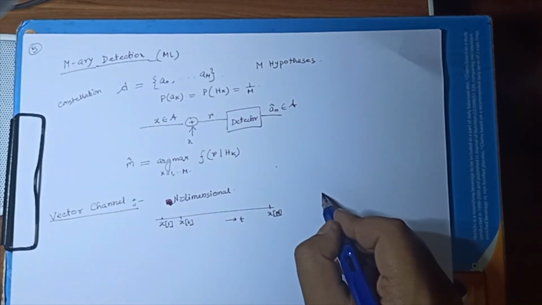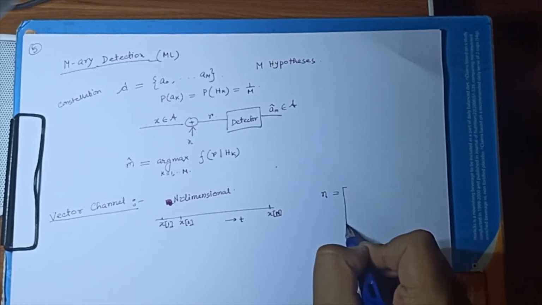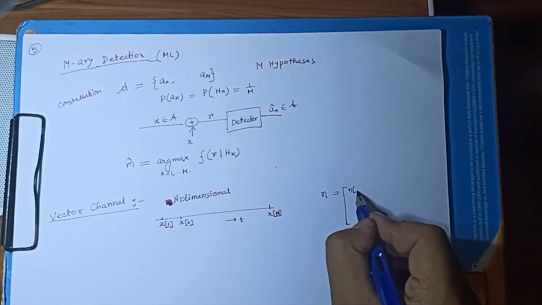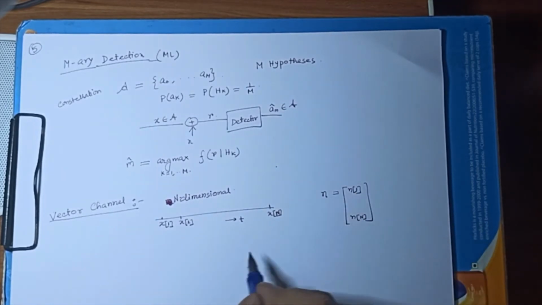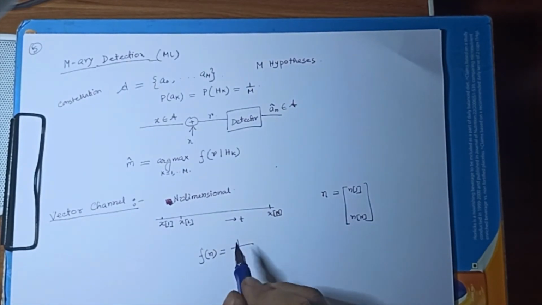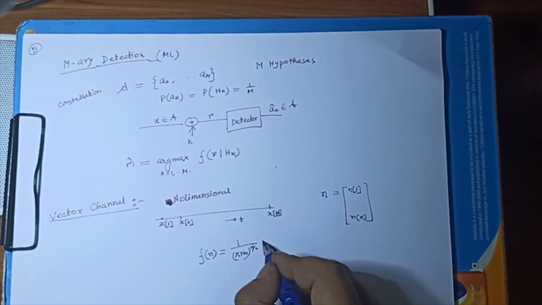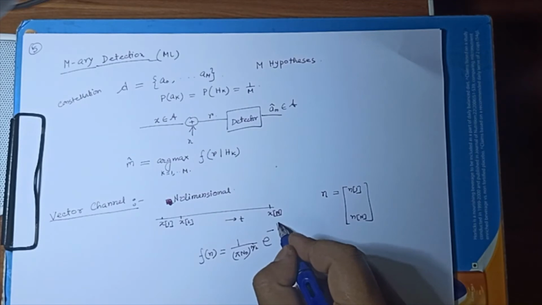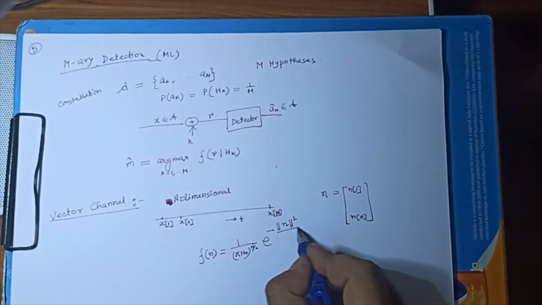So your noise vector, which will now look N dimensional, will look like n1 up to nN, and this vector's density function f of n will look like 1 by (pi N0) to the power N by 2, e to the power minus the second norm squared of the noise divided by N0.